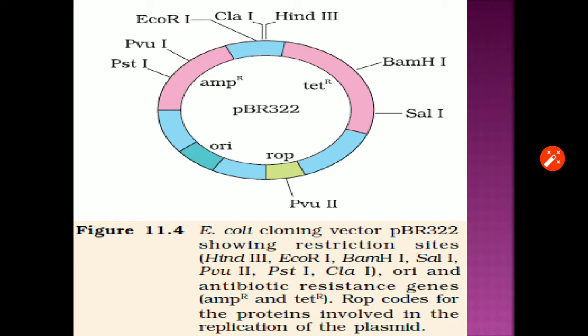So now we'll select those that are unable to multiply, and those are termed the recombinants, and the others are termed the non-recombinants. Now what we will do next is take up the recombinants, those which have the desired gene and inactivation of the tetracycline resistance gene.